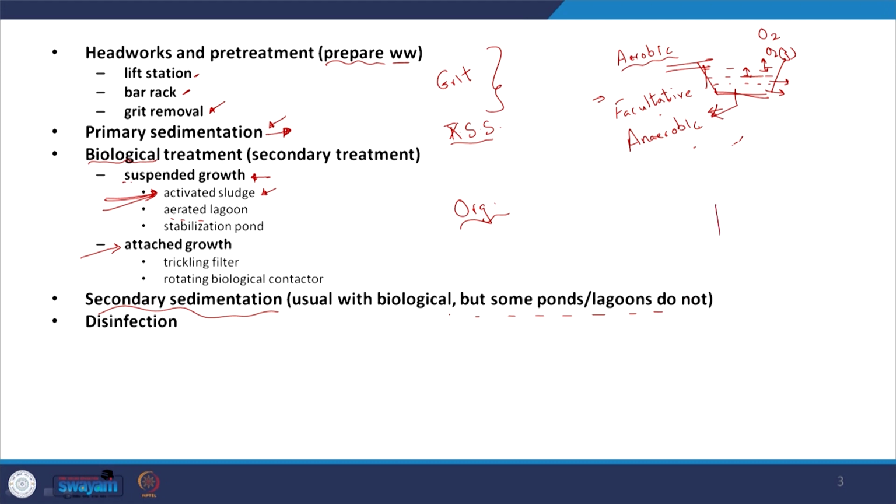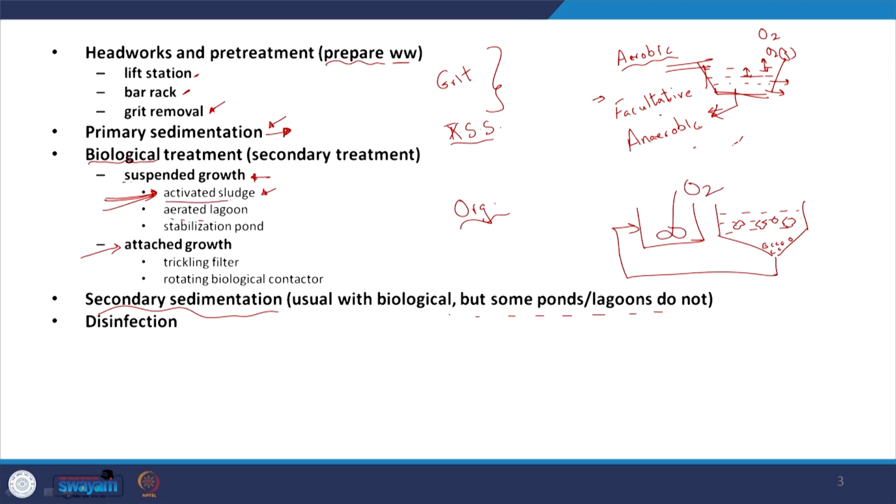And all this sludge, meaning microbes that have degraded the organics, what will they do? They form flocs if we maintain it well, and because they are heavier, they will settle down. And this settled sludge, the microbes, we bring back to your activated sludge process, where oxygen is pumped in. Why is that?